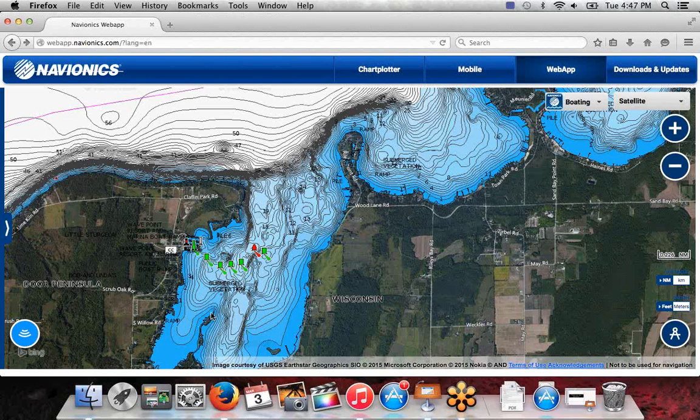So usually if I'm going to look for a giant spawning flat, it needs to have some sort of cover on it. I'm looking for gravel or rock for smallmouth. I'm looking for some type of vegetation that the largemouth can get around, or some type of cover. And that's going to make a great spawning flat, is when you have that additional cover up there.